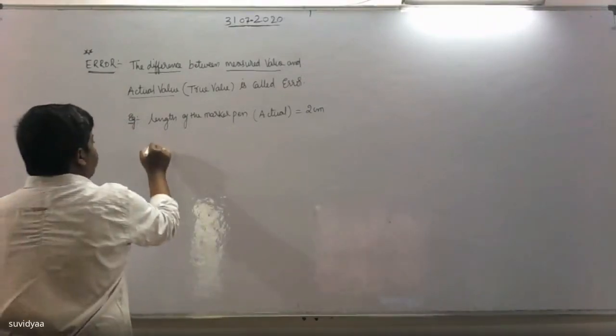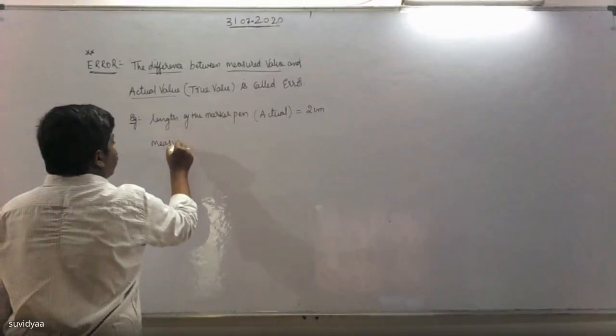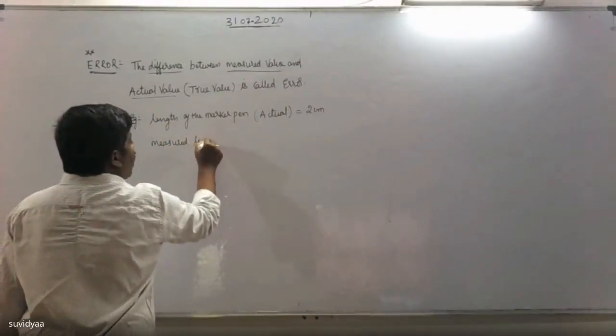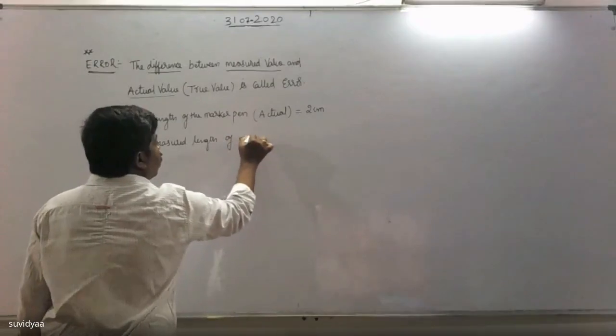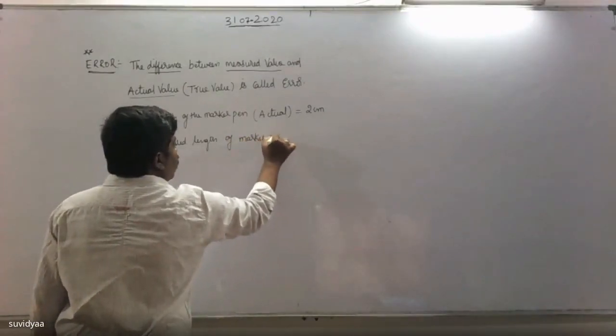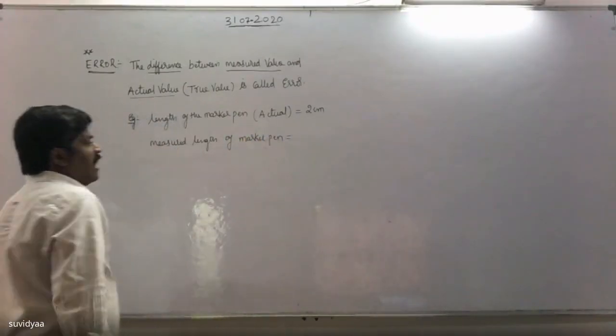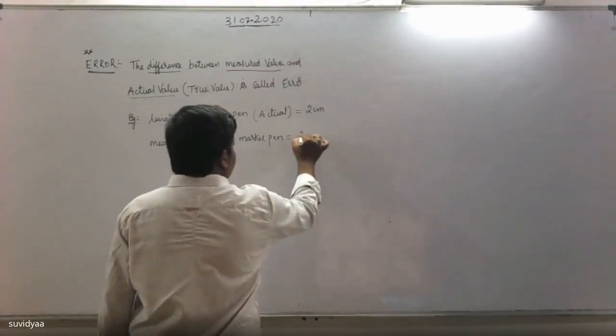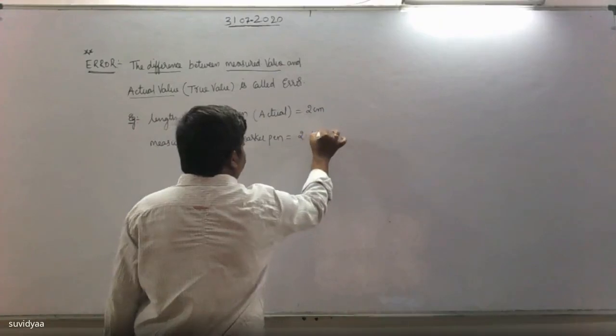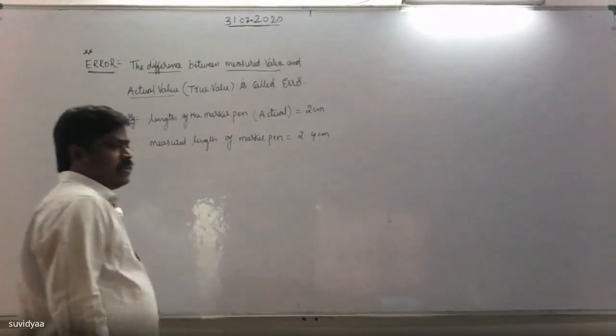Measured length of the marker pen is, for example, 2.4 centimeters.